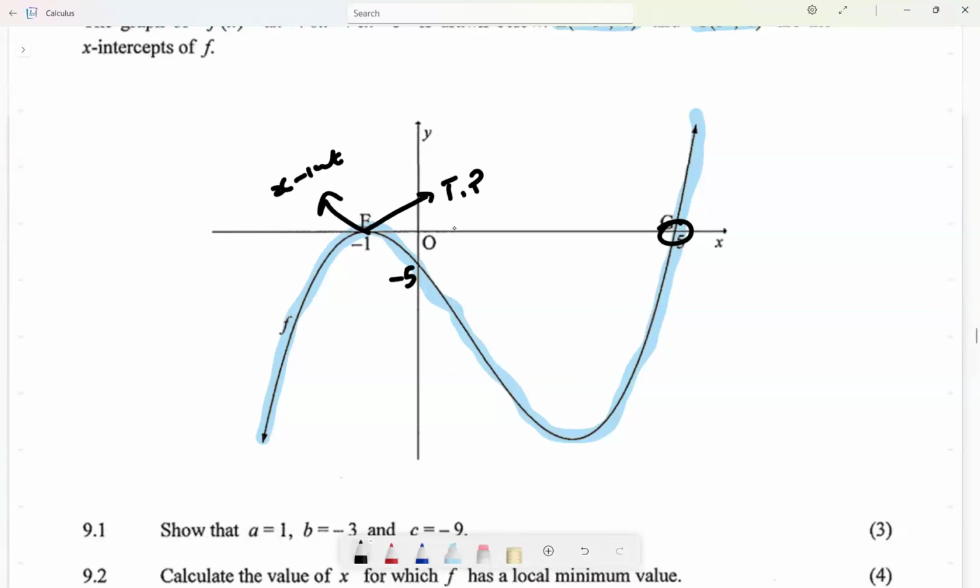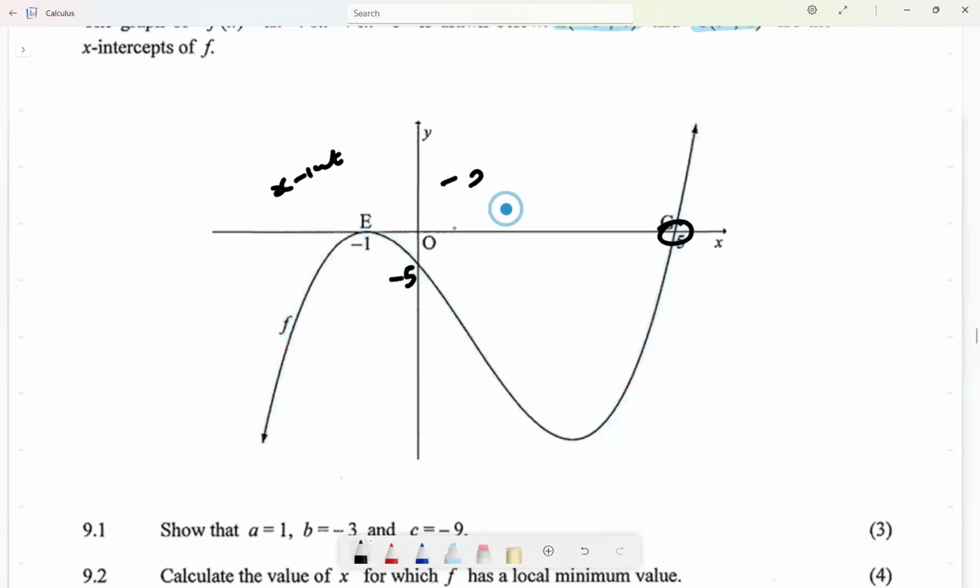So it tells me that somewhere, somehow, my graph has an equation or factors like this. So one of the factors is repeating itself twice.